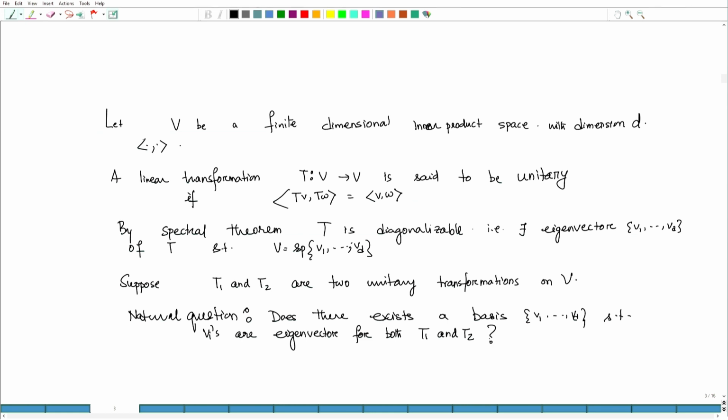That, in other words, is: can T1 and T2 be simultaneously diagonalizable?